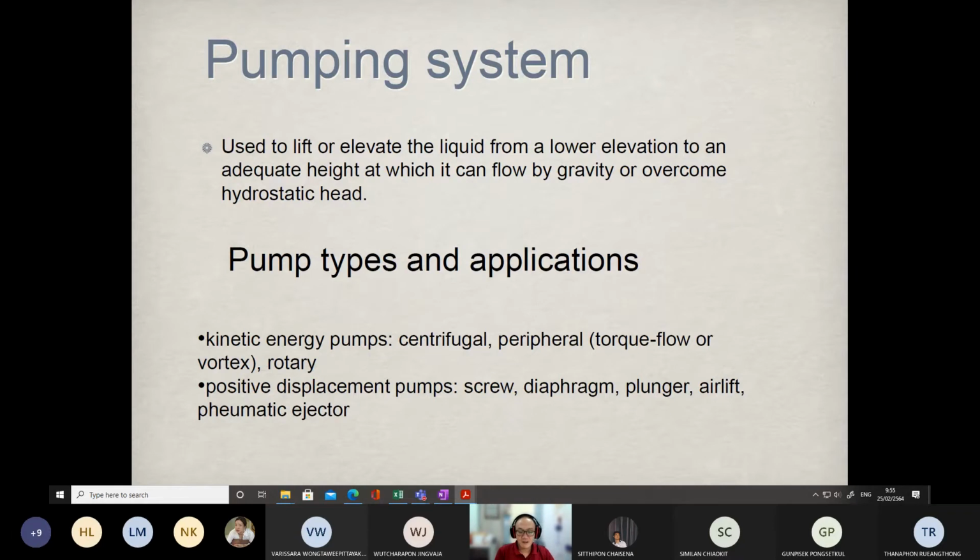Sometimes we also use this kind of pump, for example, in supplying chemicals to the treatment plants, like alum or chlorine into the clear wells or the coagulation-flocculation process. We sometimes use this kind of pump, especially diaphragm pumps. The pumps which belong to this group are, for example, diaphragm, screw injector, pneumatic injector, plunger, or airlift.